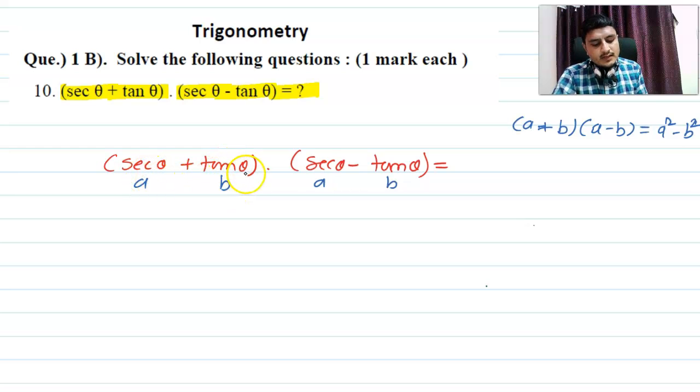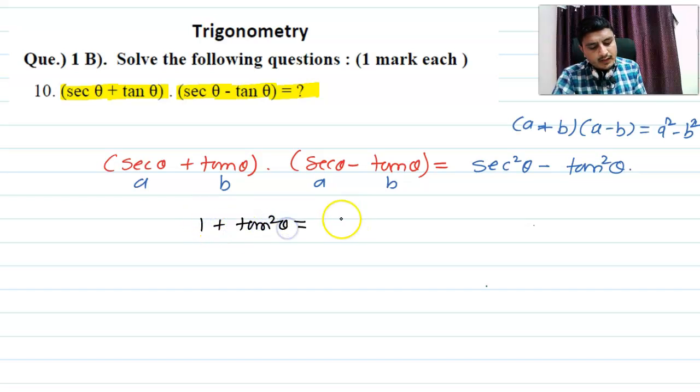So (sec theta + tan theta) into (sec theta - tan theta) are the factors of sec square theta minus tan square theta. Now look at the identity. We have 1 plus tan square theta equals sec square theta.